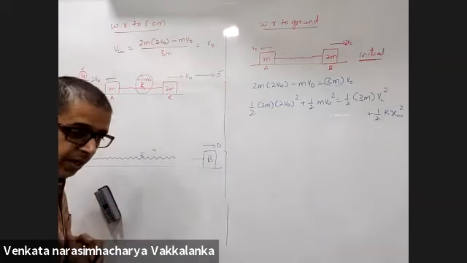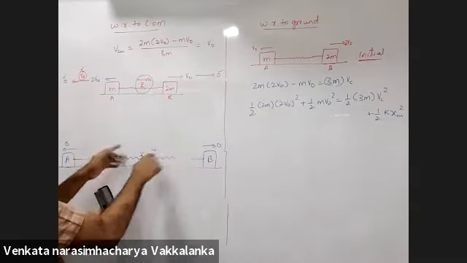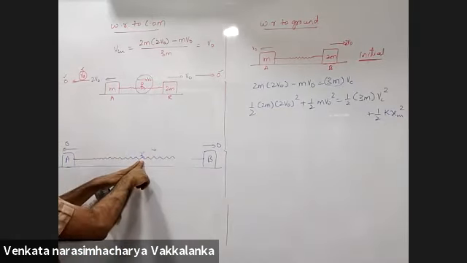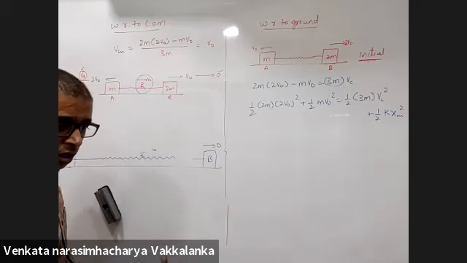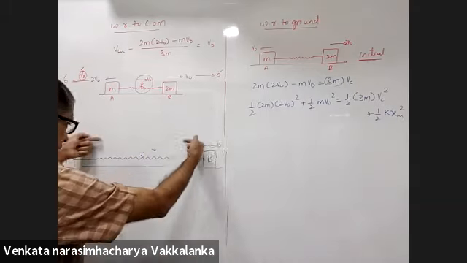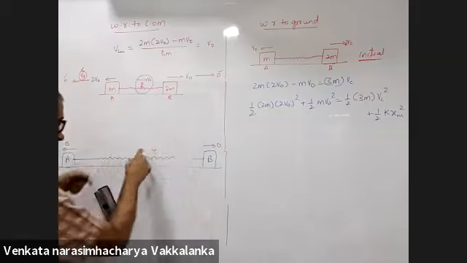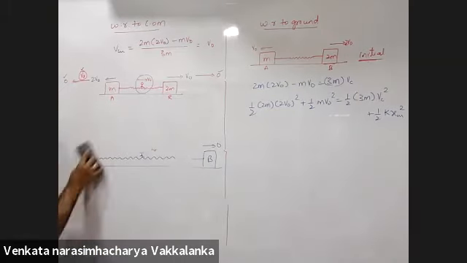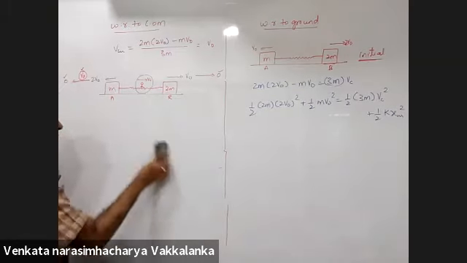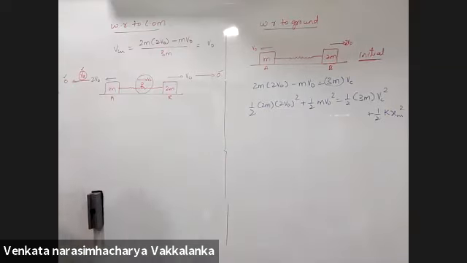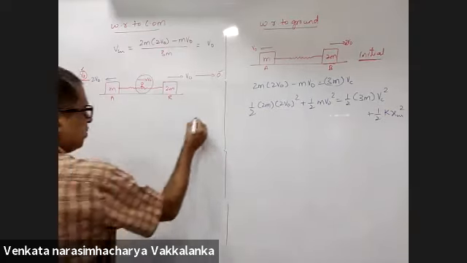After that, what will happen? They'll start moving back towards the center of mass. Yes or no? Yes, sir. Start moving back towards the center of mass with respect to center of mass. Something important will happen here. Please pay attention. Let me take a simple example.